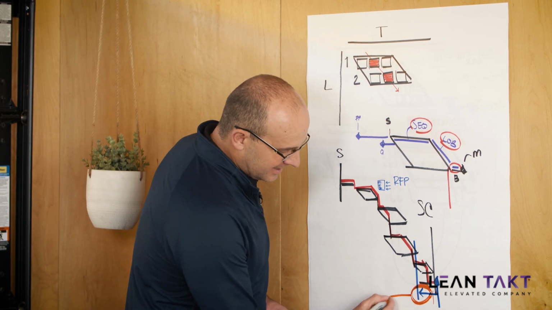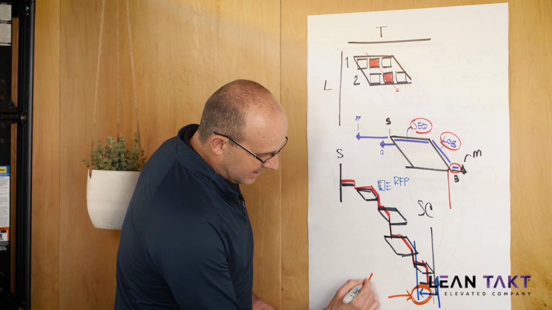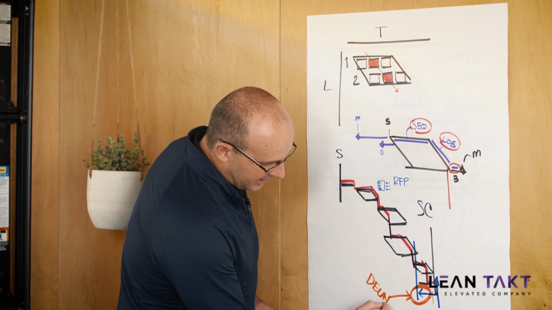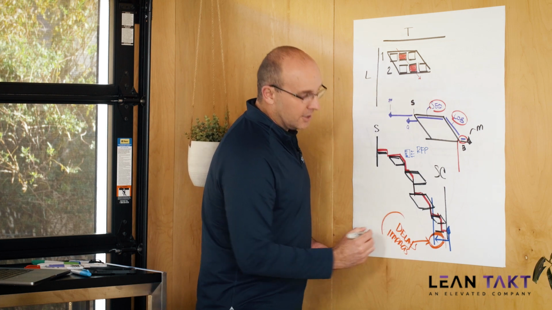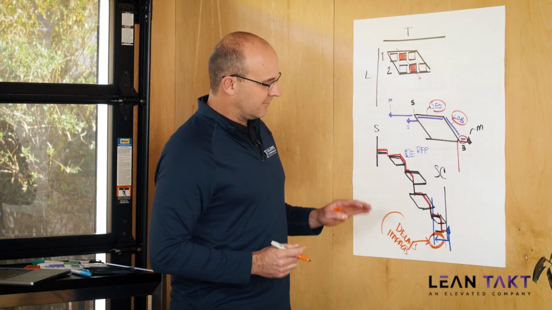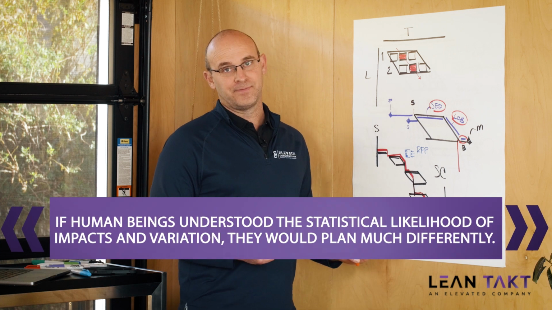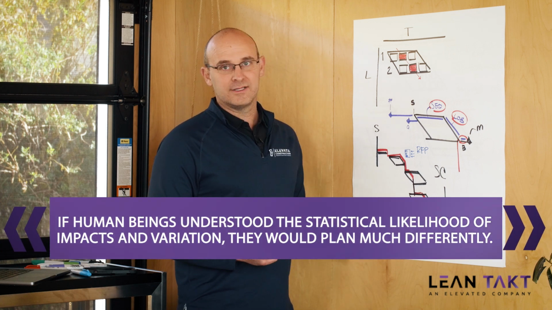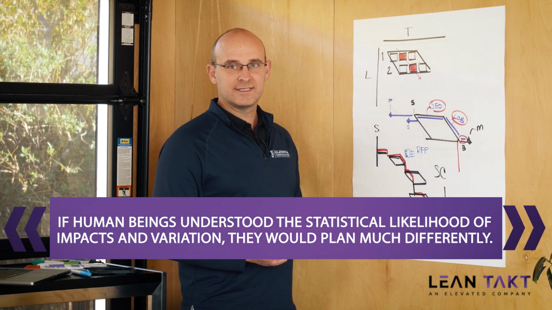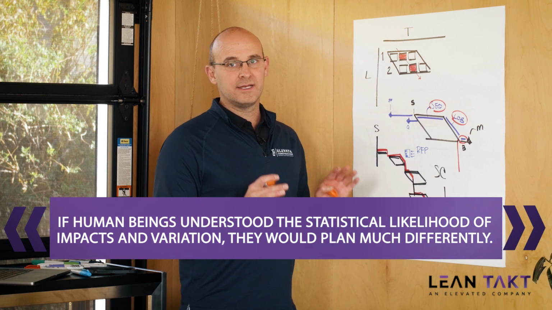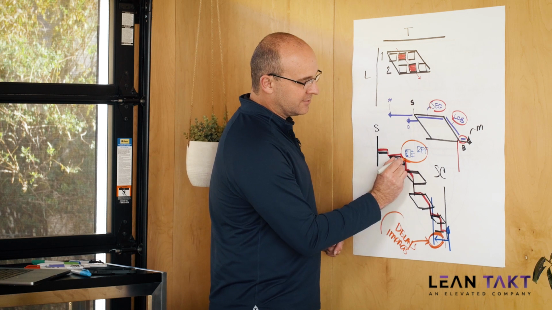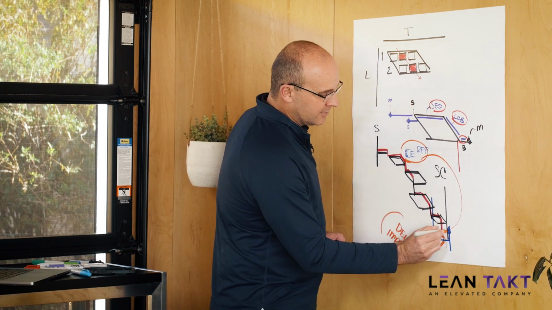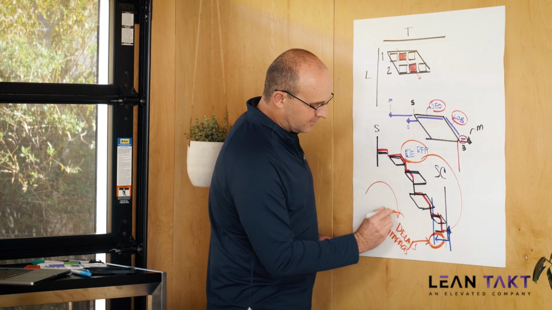You're going to need this for delays and impacts and variation. Dr. W. Edwards Deming said if human beings understood the statistical likelihood of impacts and variation, they would plan much differently. You have got to have this analysis done at each phase so that you can gain those buffers, so that you can absorb those delays.